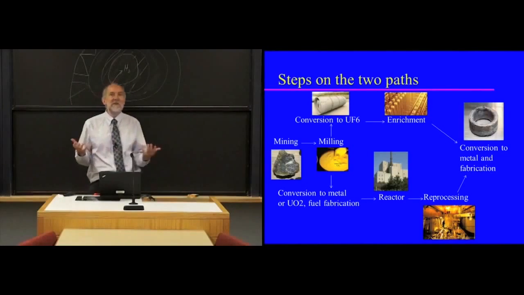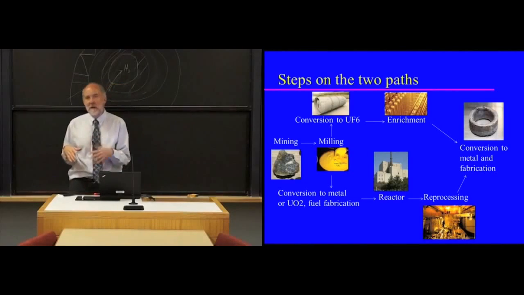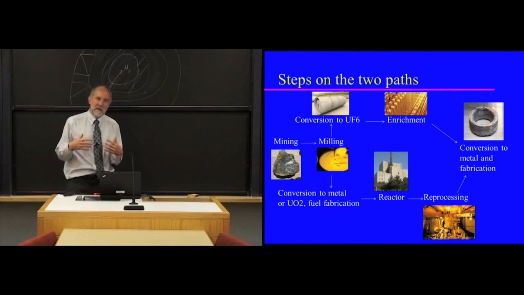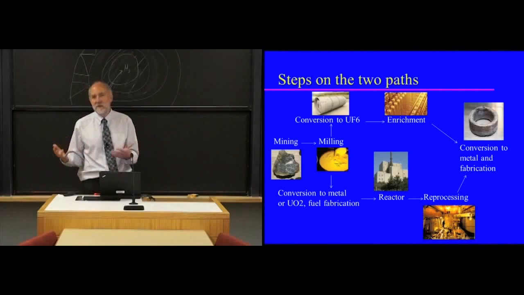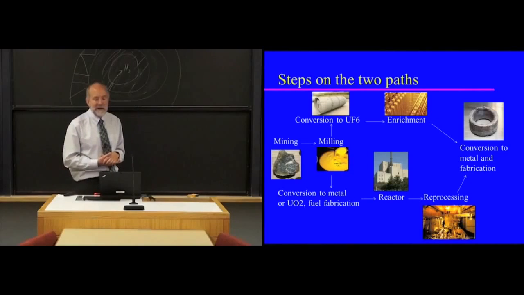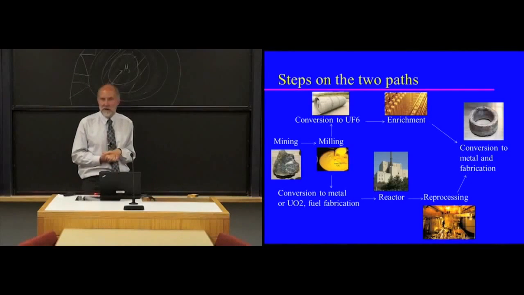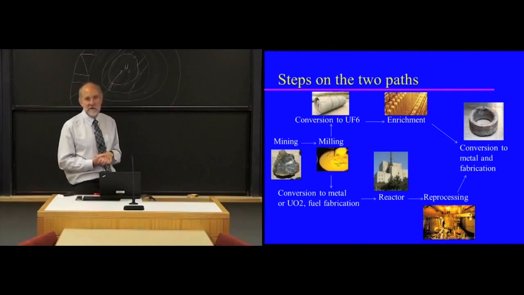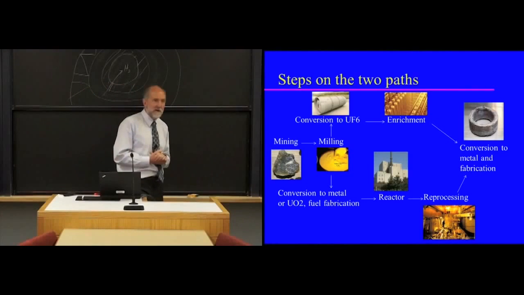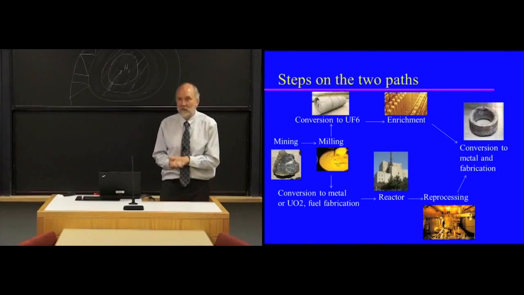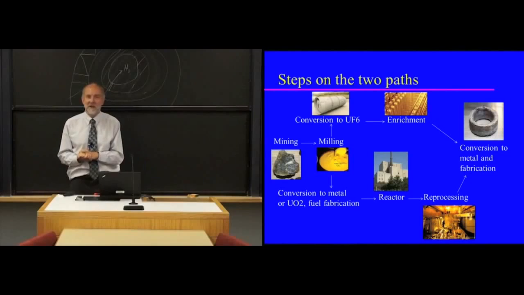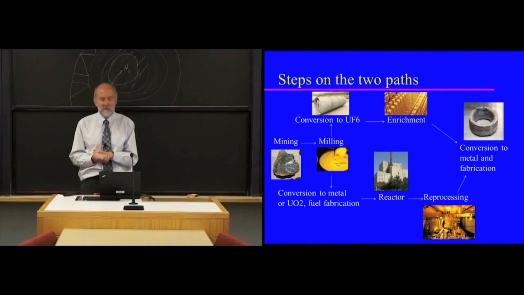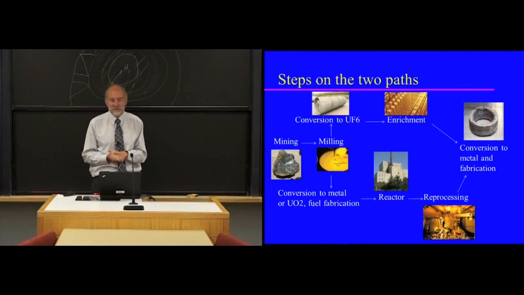Now it turns out, more or less by accident, that the only chemical compound of uranium that is a gas at reasonable temperatures and pressures is uranium hexafluoride, that is UF6. So one uranium atom, 6 fluorine atoms. Any of you who know much chemistry can probably guess that anything with 6 fluorines in it is going to be a nasty toxic substance, and that is certainly true of uranium hexafluoride.